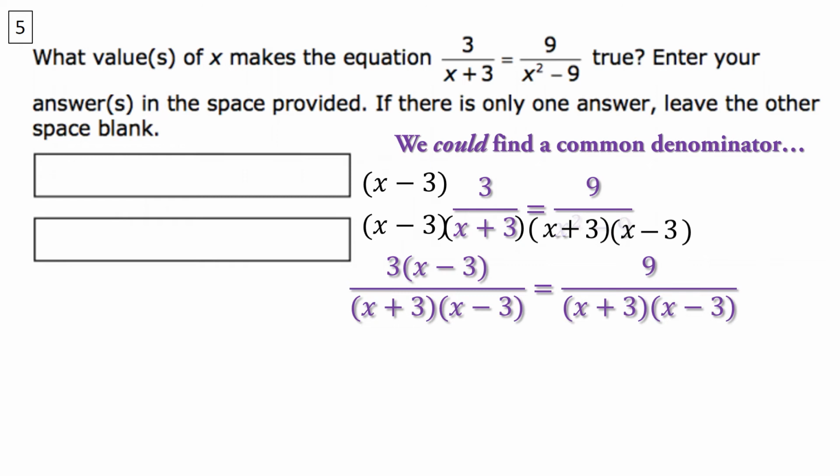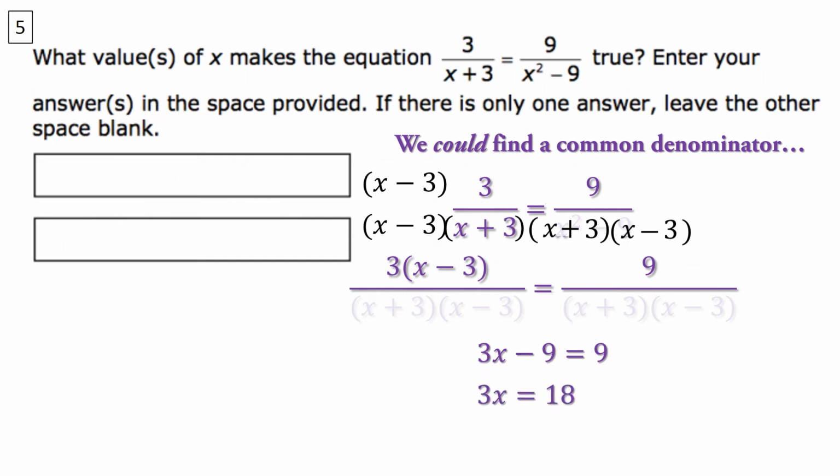The good news is we don't even care about the denominator anymore. Once it's common, we don't need to even look at it. That just fades into the background, and our equation is just 3 times x minus 3 equals 9. Like that, and we should be able to solve that pretty quickly. Add 9 to both sides. 3x equals 18.